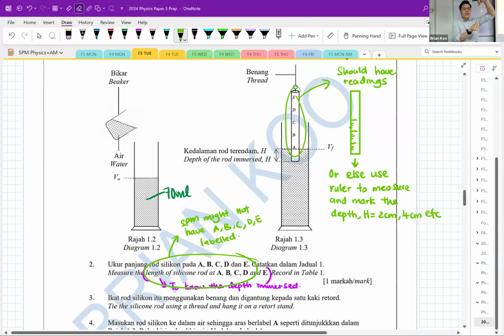If the object is very short, then maybe 1 cm, 2 cm, 3 cm, 4 cm. If the object is very long, then maybe you can afford to do 2, 4, 6, 8, 10. You see, just make sure you have 5 readings minimum. So if the reading is given for you, very easy. You just submerge. If you don't have it, you just put your ruler and you measure.